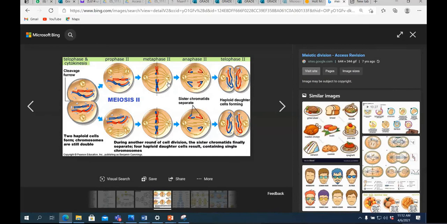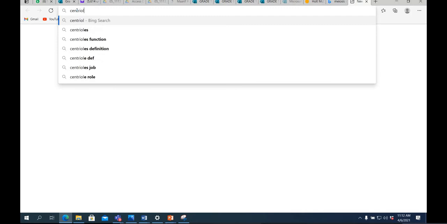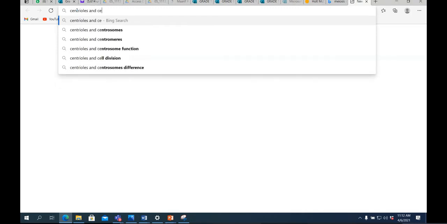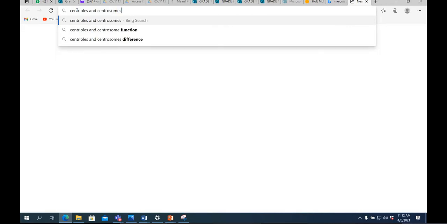Meaning all these processes need to happen hand in hand so that cell division can take place. Let me show you if we have pictures of centrioles and centrosomes.